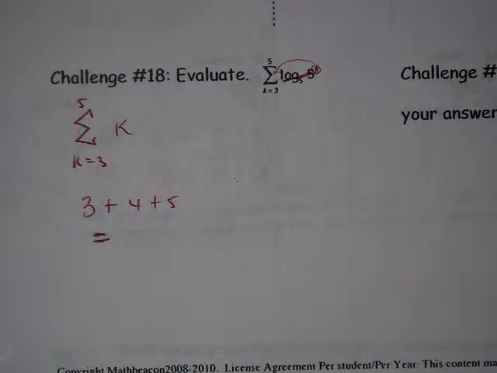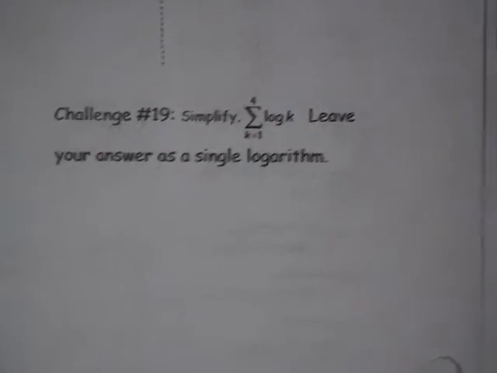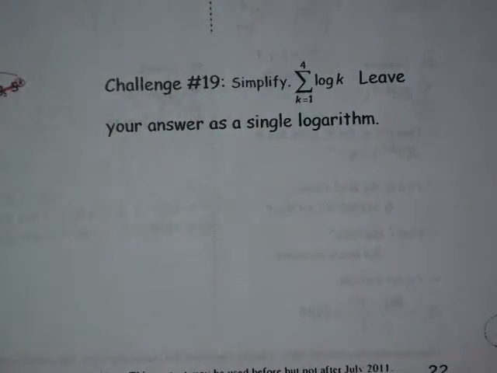What do we have for 19? Oh, we got another log question. Leave your answer as a single logarithm. Let's draw it out. Nothing's going to simplify or cancel this time, so it's a little bit different.